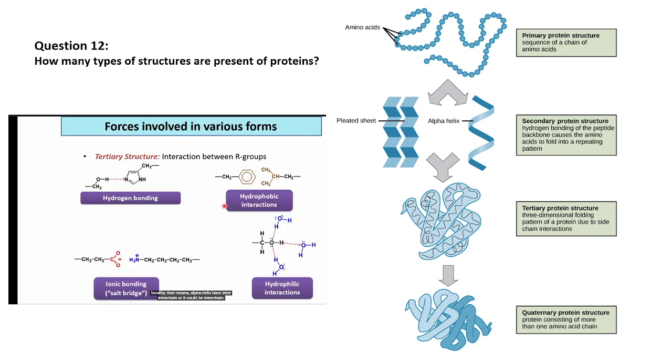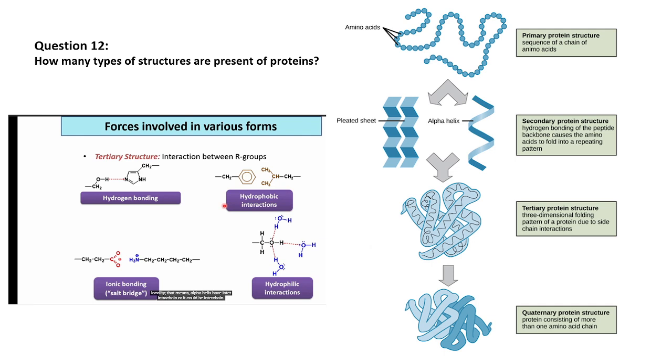And in tertiary, it's hydrogen bonding, hydrophobic interactions, hydrophilic interactions, and ionic bonds. And in quaternary, it's subunit interactions. So as interactions increase, the complexity of the proteins increases.